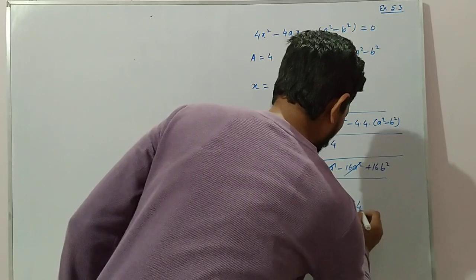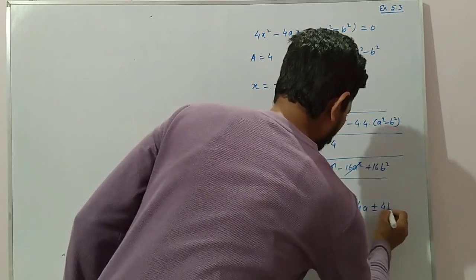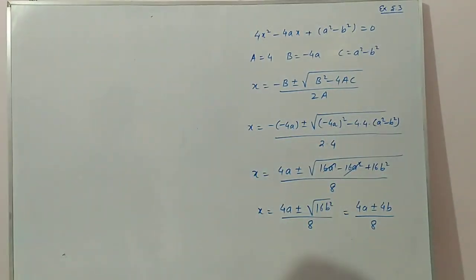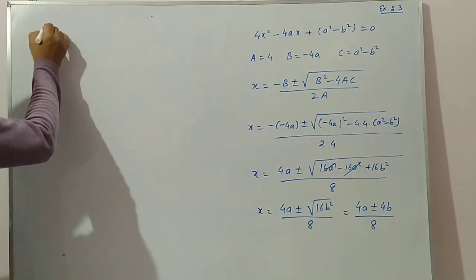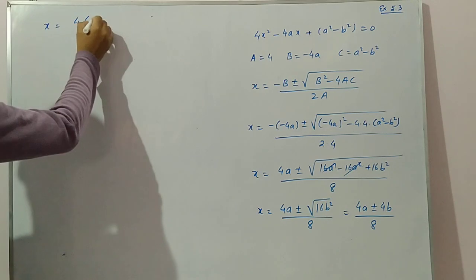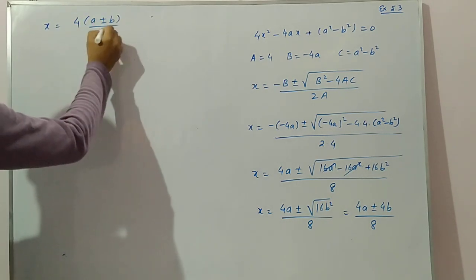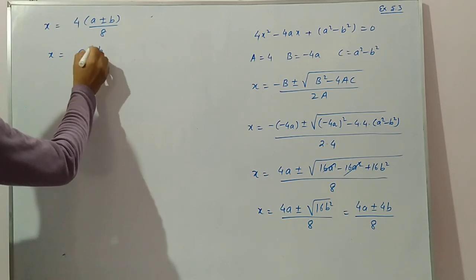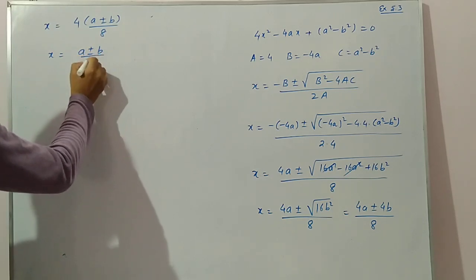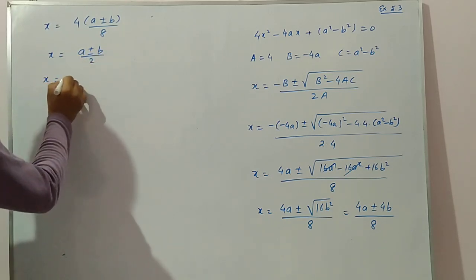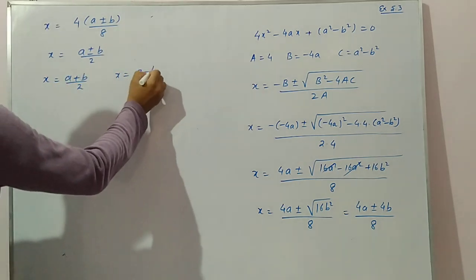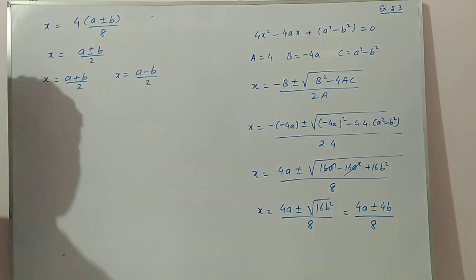This is 4a plus or minus 4b by 8. So it is quite easy. X equal to 4 common, a plus or minus b by 8, so x equal to a plus b by 2, x equal to a minus b by 2.